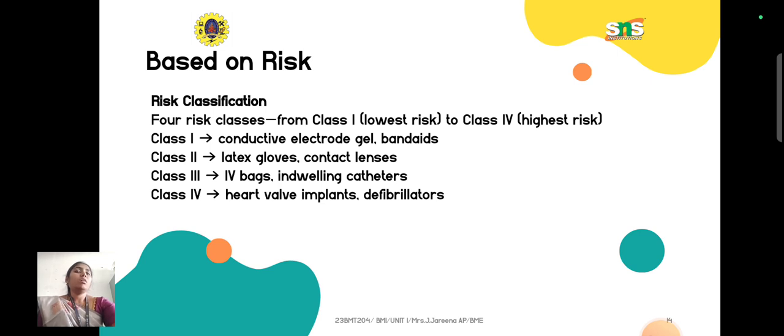It is an ultimate high risk, they may even die if attention or care is not given immediately. Examples for class 4 are heart valve implants and defibrillators. So these are the basic different classifications in medical devices. Thank you.